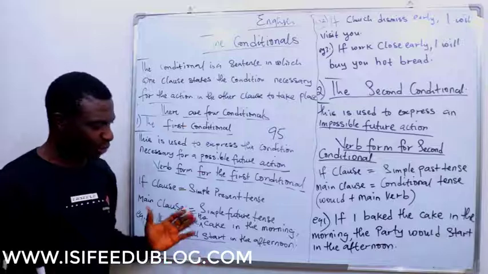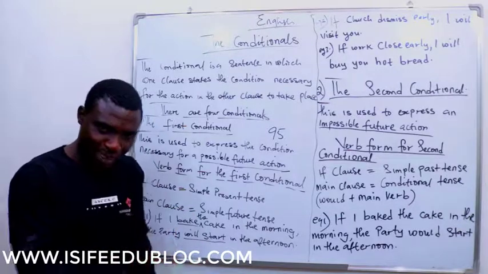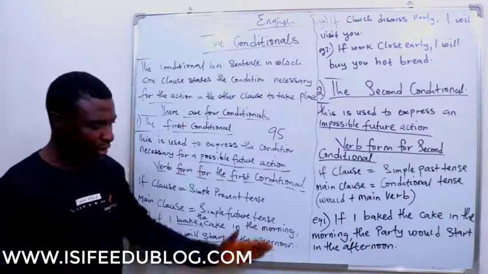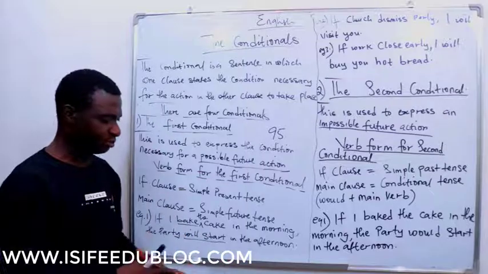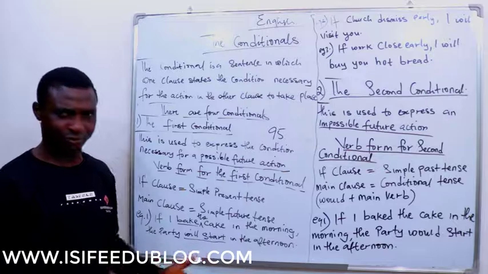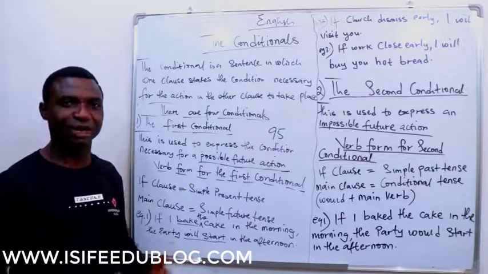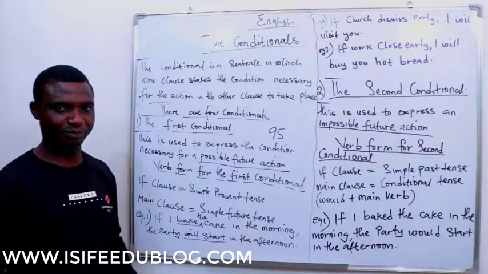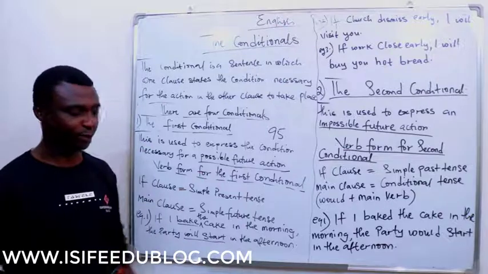So if I bake the cake in the morning, the party will start in the afternoon. This person has brought everything needed to bake the cake, so in the morning tomorrow, the cake will be baked so that it will pave the way for the party to take place in the afternoon. There is enough time, so this is capable of taking place.